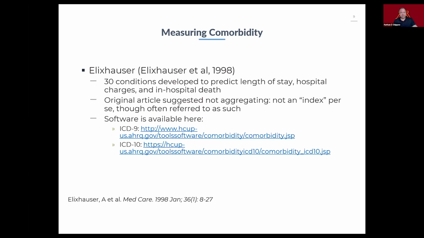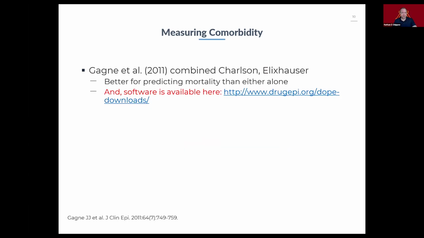Again, that's against the advice of Elixhauser herself and her colleagues. There are a couple of software macros here, but keep in mind that the way that most people use the Elixhauser index, or the Elixhauser set of conditions, is as an unweighted index or a count of conditions. So slightly different from the Charlson.